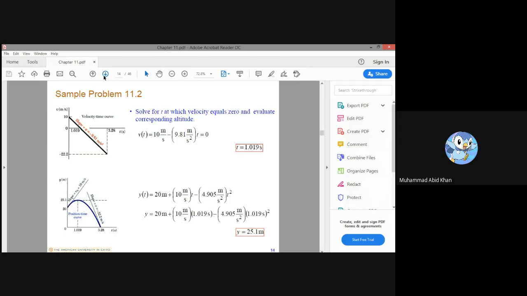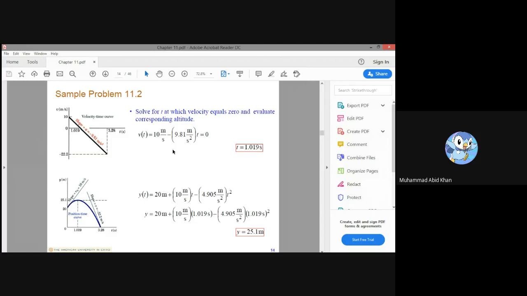Let me move on. Here he says solve for the time at which velocity equals 0 and evaluate the corresponding altitude. We solved this equation in the previous slide, and we put the time value in the distance equation.